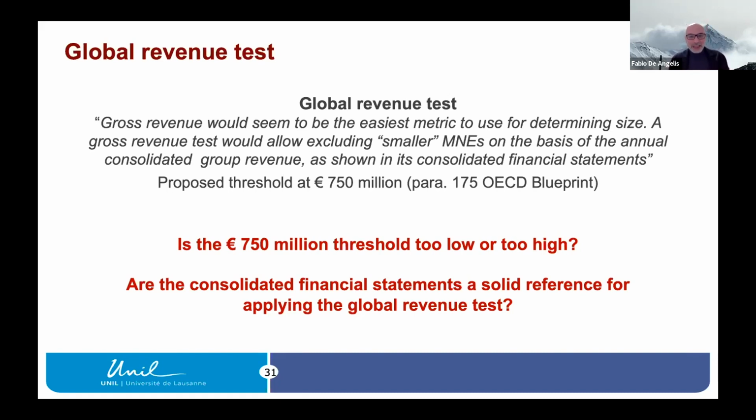Can I make a couple of comments also from a business perspective? Yes, please go ahead. I think in terms of the threshold, the 750 million, I agree that it is used, accepted and acceptable. So I think it's something that's good to start with.